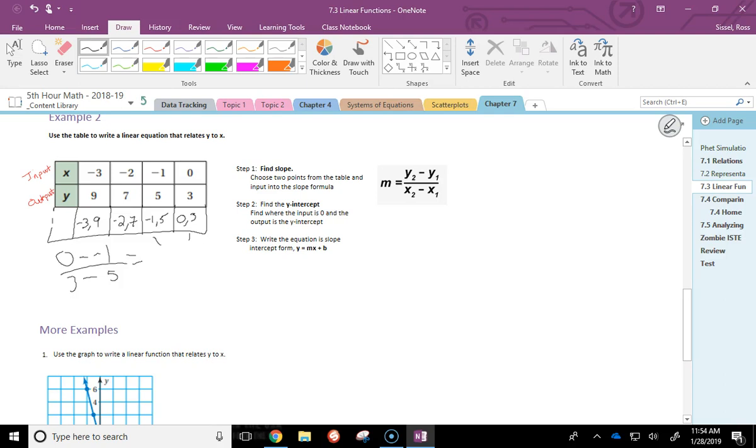You chose this point, -1, 5, and 0, 3. This one came first, right? So this is x, and this is y. Which one came first? -1, 5 or 0, 3? So this is x1, y1, x2, y2. So let's try that slope again.